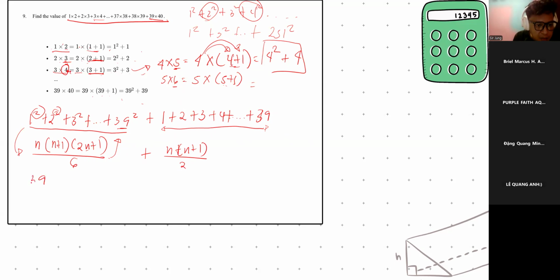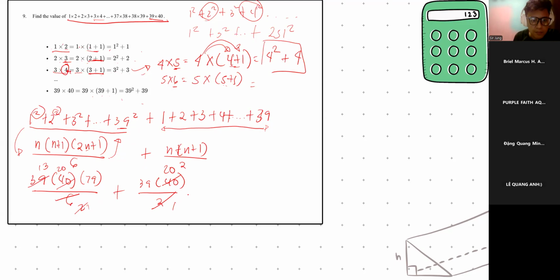So 39 times 40, this is 39 times 2, that's 78, plus 1, that's 79, all over 6, plus 39 times 40 all over 2. 13 times 20, that's equal to 260, right? 260 times 79 plus 39 times 20, 390 times 2, that's 780.